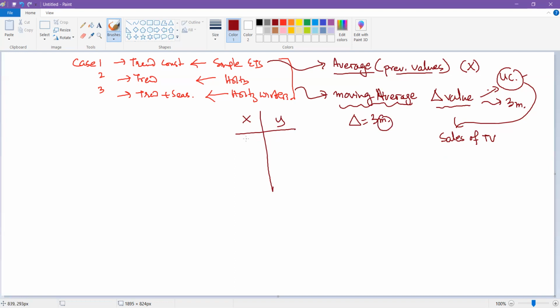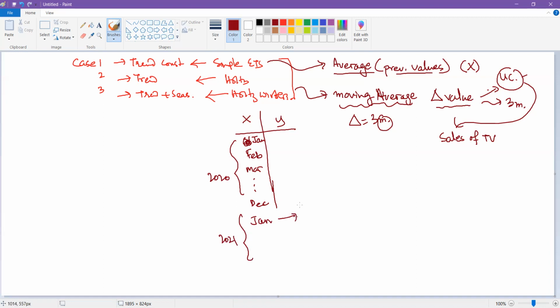The first value is for Jan, the next is for Feb, next is for March, until December. Let's say this data belongs to 2020, and now I want to know what is going to happen in Jan 2021.